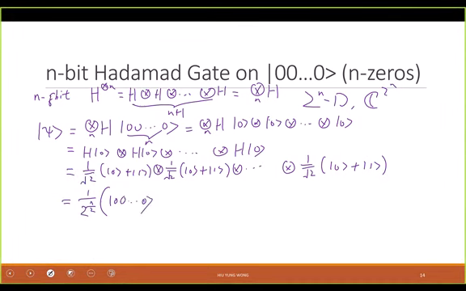I also can have 0, 0, 0, and then the last one 1. Similarly, 0, 0, 1, 0. Basically it's just a permutation of all of them. The last one will be 1 times 1 times 1 times 1, and before that it's 1 times 1 times 1 times 0.